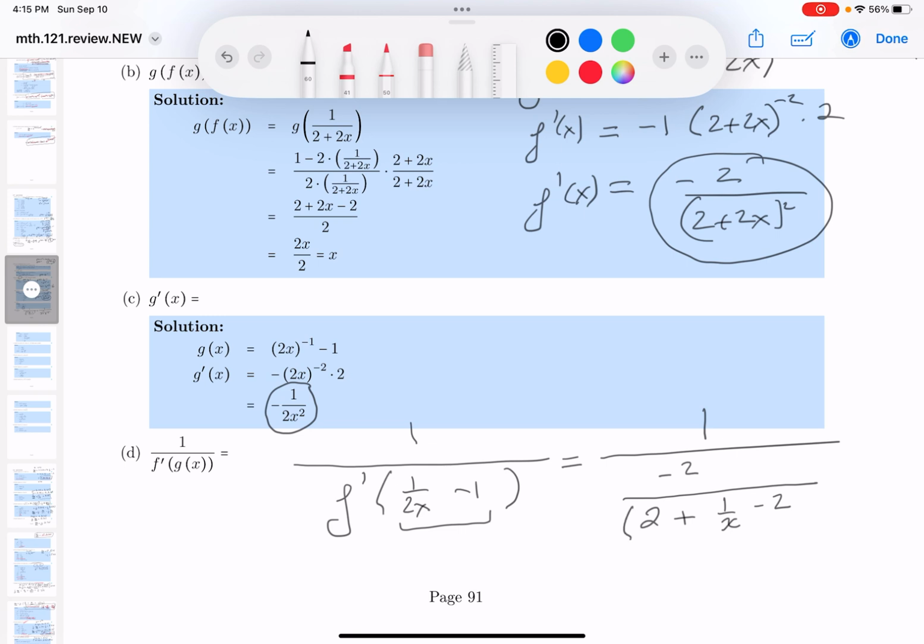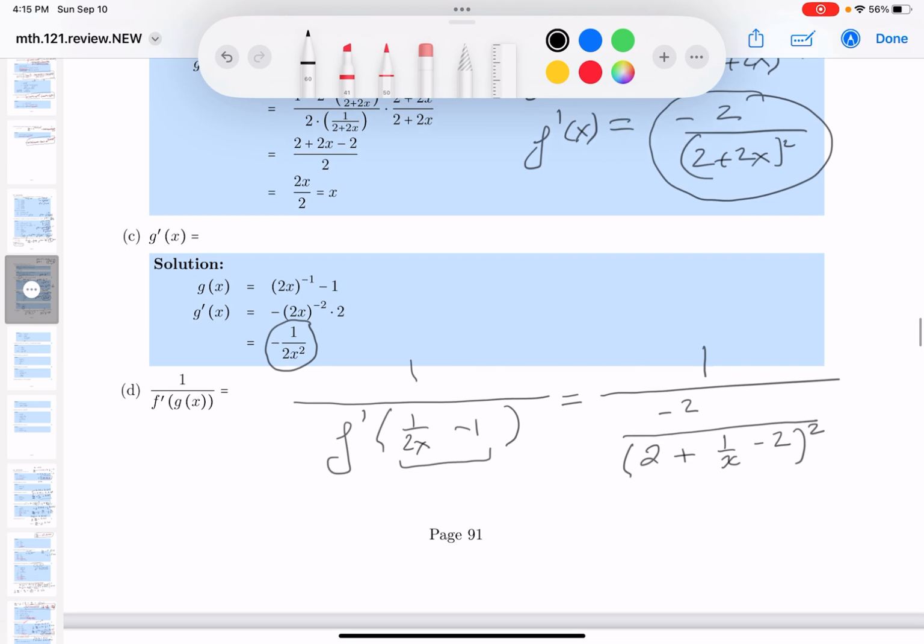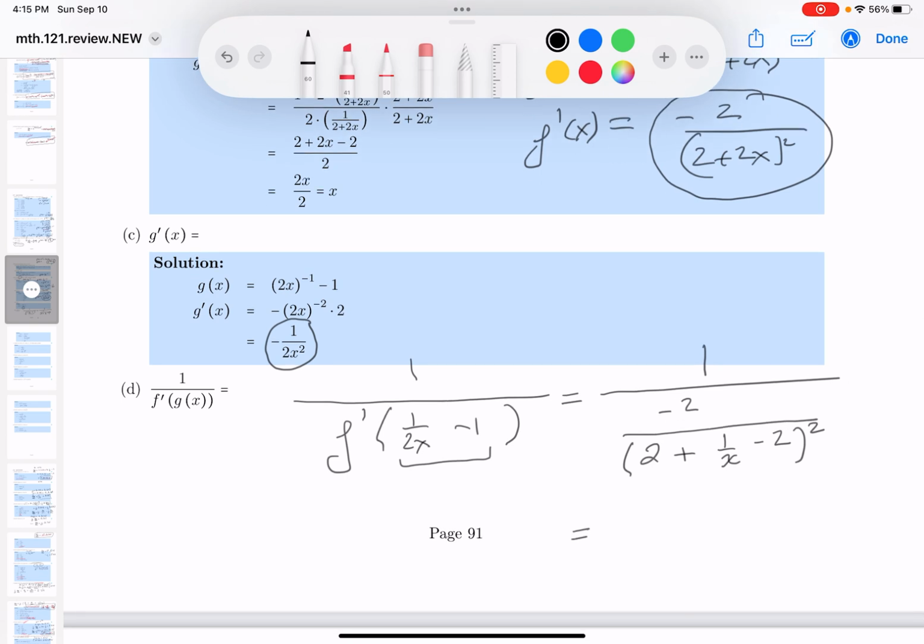You square it. Whoops. Let's keep moving along. And what do you get there? I'll take a look. You get 1 over, this would be minus 2. And if you look at this thing over here, it looks pretty simple. It's just simply 1 over x squared now.